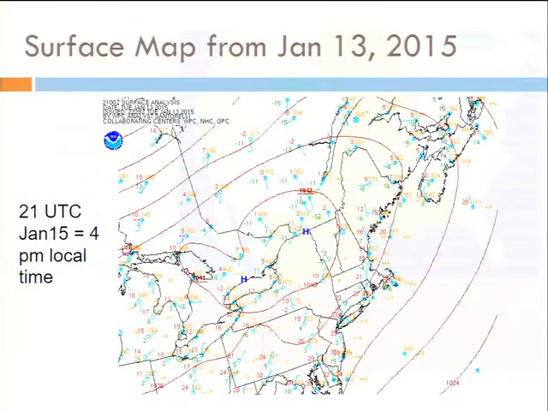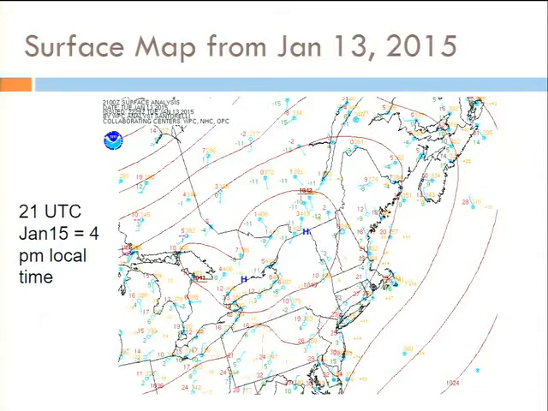So for instance, we can have something that looks like this. This is a surface map from January 13th of 2015. This is 21 UTC, which is the same as 4 p.m. local time.